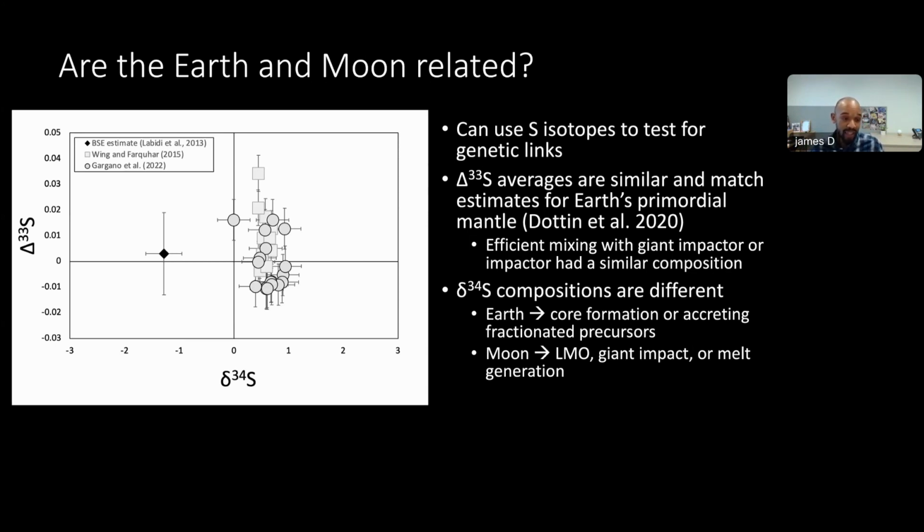For Earth, it's been shifted towards negative values, either through core formation or accreting fractionated precursors. And for the moon, we're not necessarily sure why it's shifted more positive, at least for lunar basalts. Perhaps it's from melt generation or degassing of sulfur during the giant impact or lunar magma ocean. But I just wanted to point out that there is this difference, at least in delta 34S.